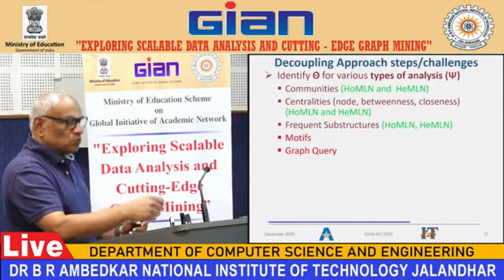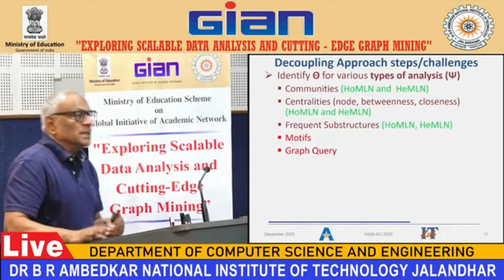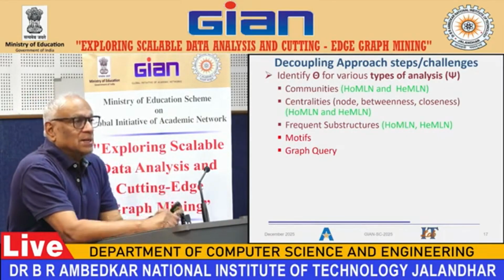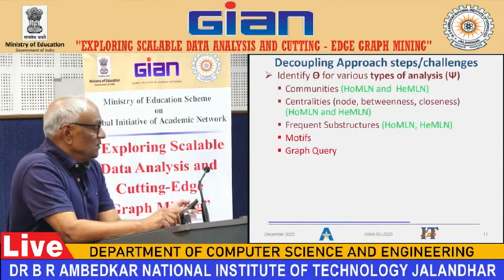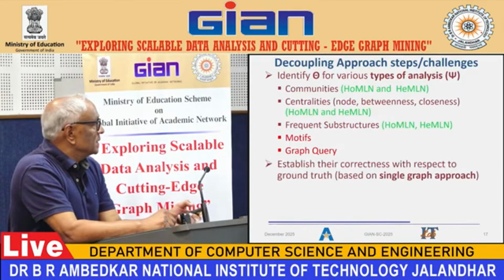I have a PhD student working on weighted graphs now. So I am not even talking about weighted graphs here in this course, but that's another area where there is a lot of work and interest and need is there. Frequent substructures, I'll show you some demos tomorrow, motifs, and we have done a lot of work in graph creating.